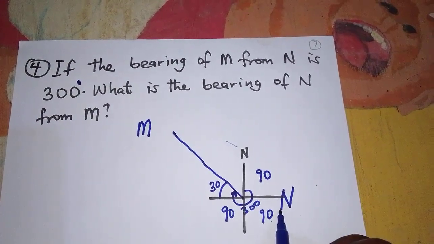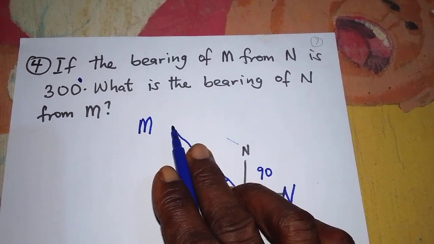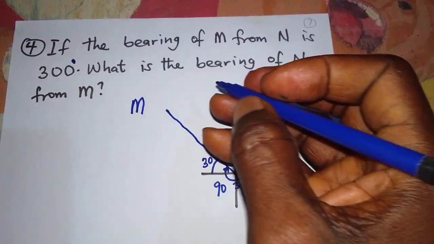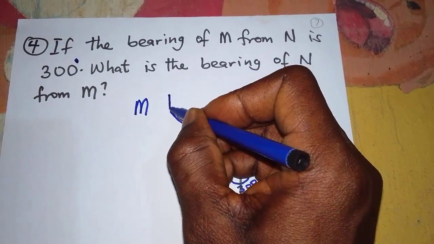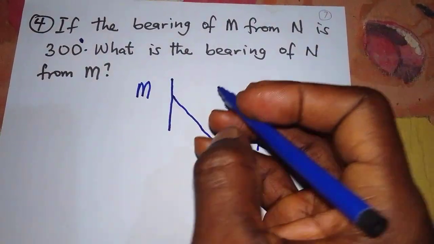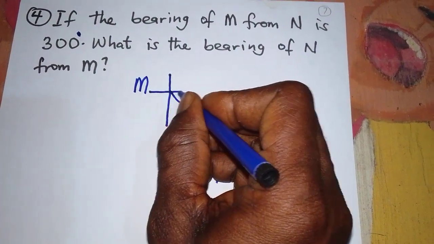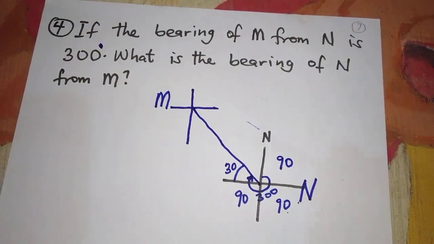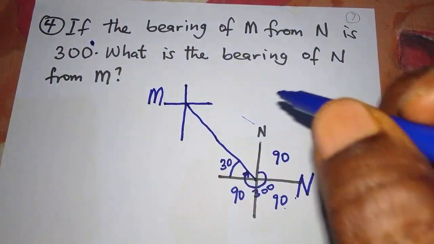So at this point M, you draw the 4 cardinal points. You draw it parallel to the one that is already on ground. When you draw it, you realize the bearing of N from M will be what?